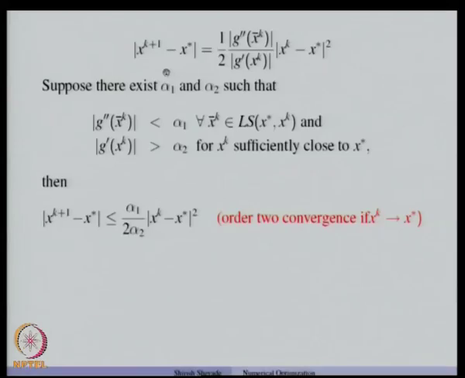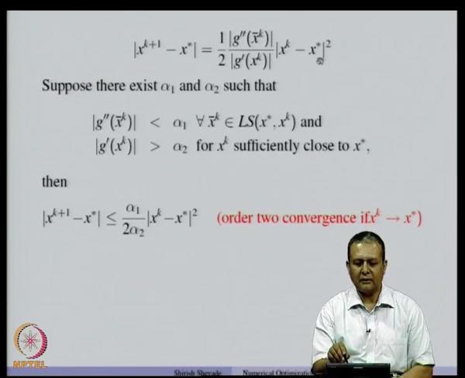So, in the last class, we showed that the distance between x_{k+1} and x star is equal to half of mod of g'' of x bar k by g' of x_k into (x_k minus x star) squared.